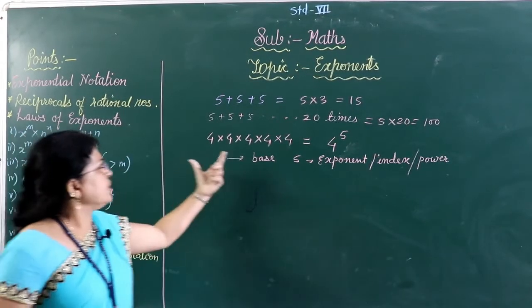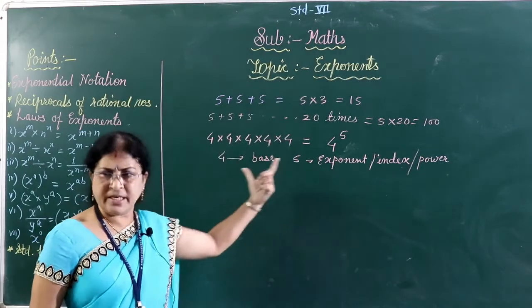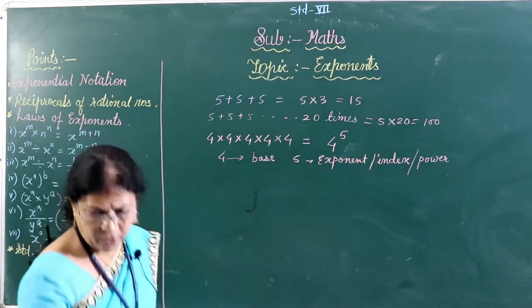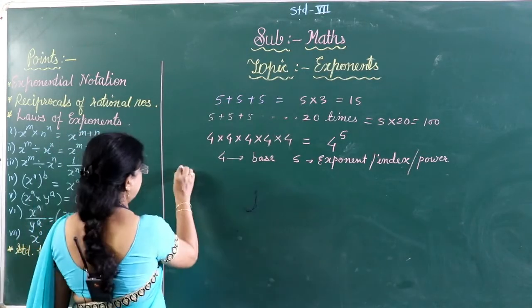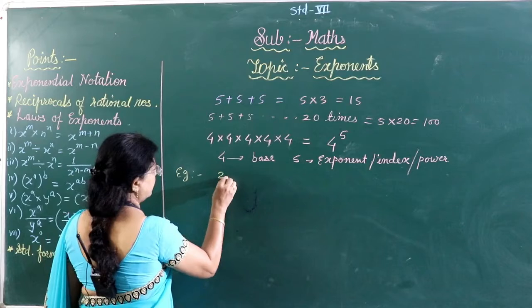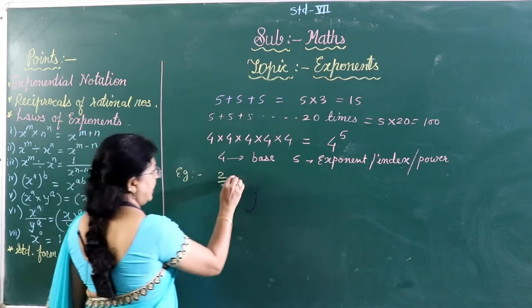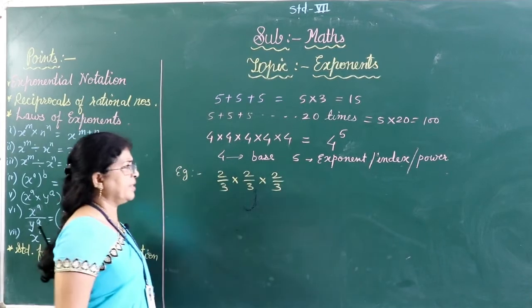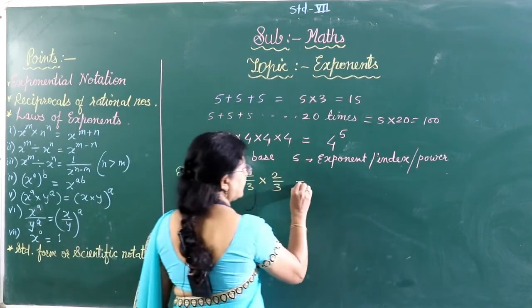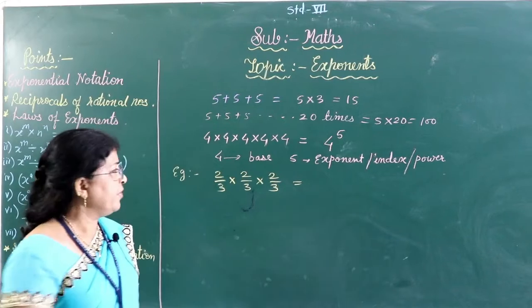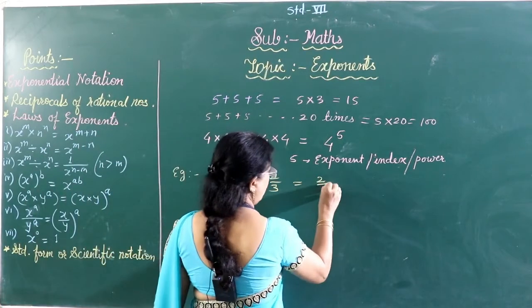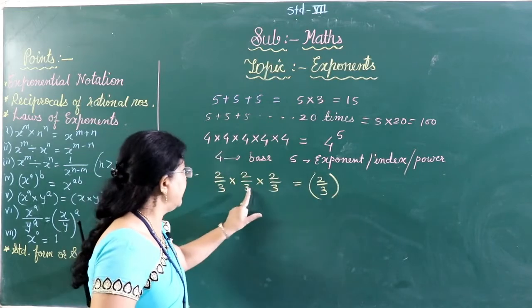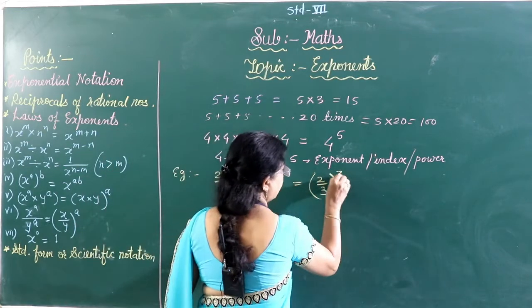Now, let us take an example of a rational number. Suppose I am writing 2 upon 3 into 2 upon 3 into 2 upon 3, right? How can we express this in exponential form? We can write this as 2 upon 3, and it is being multiplied 3 times, so raised to the power 3.